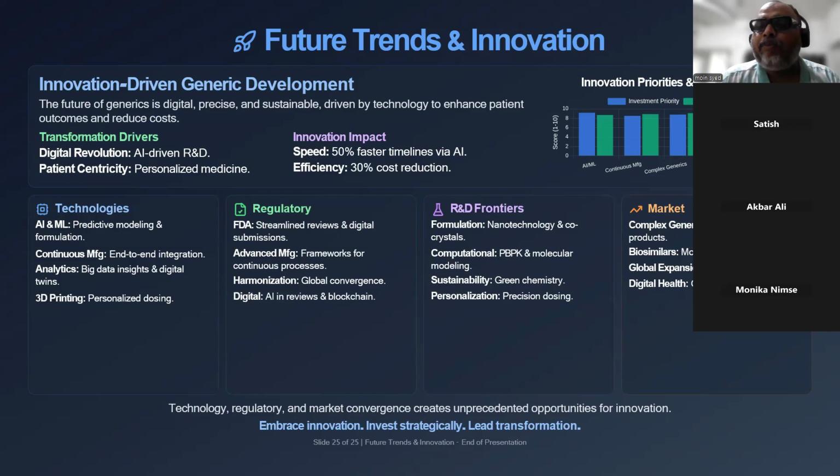So with AI and all, now the claim is 50% faster timelines via AI. So when we complete everything, I will again share some practical examples of how with AI we have managed to reduce timeline.